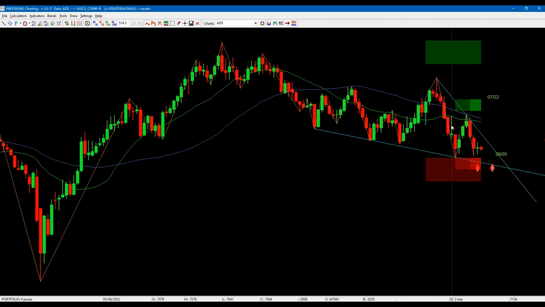So that's what I'd be looking at. I'm heavily leaning to a rally in weekly prices. Now on the daily, of course, you're going to see it go up, down, up, down, whatever. But overall weekly, I like the bullish side of the Australian dollar as we go in towards July 22nd here.